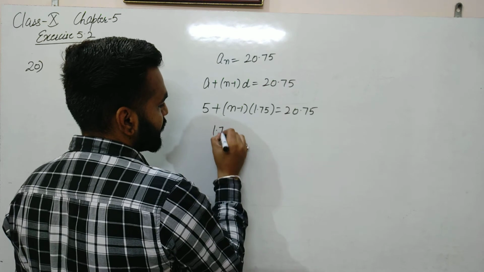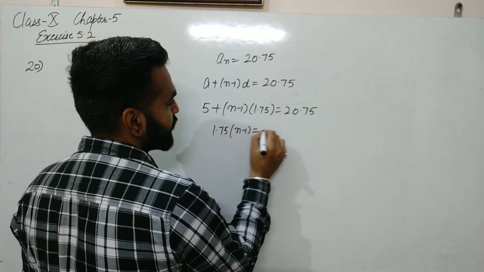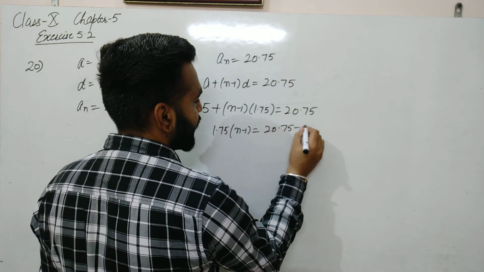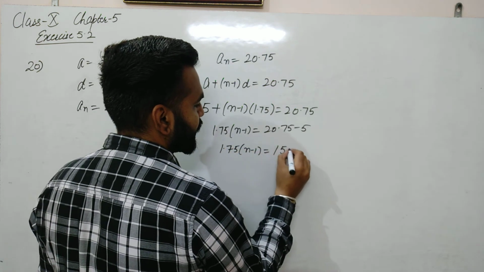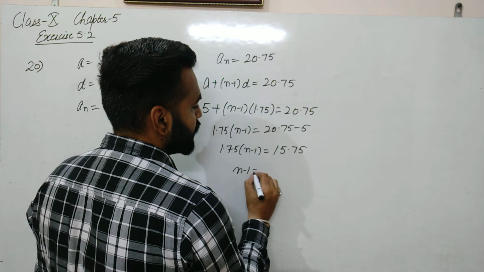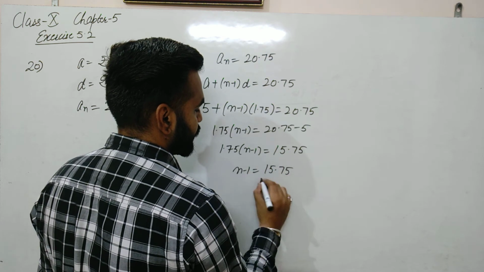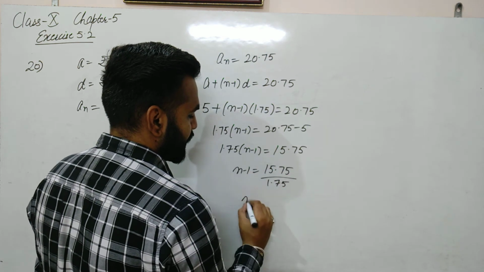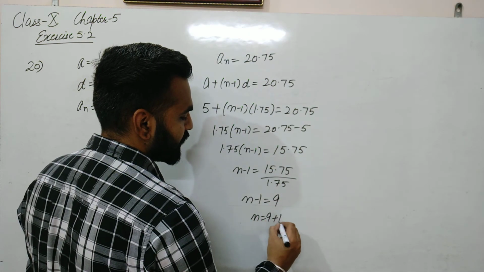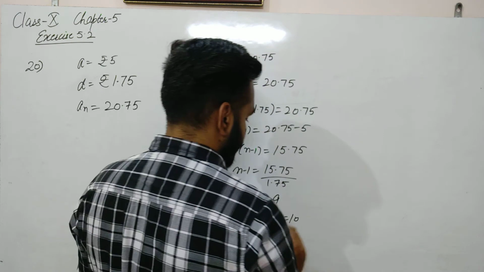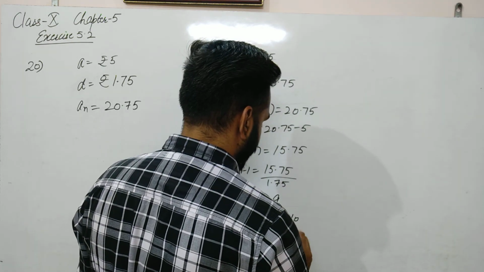So 1.75 into n minus 1 is 20.75 minus 5. This is 15.75. N minus 1 is equal to 9. N is equal to 9 plus 1, that is 10. So n is 10 here.